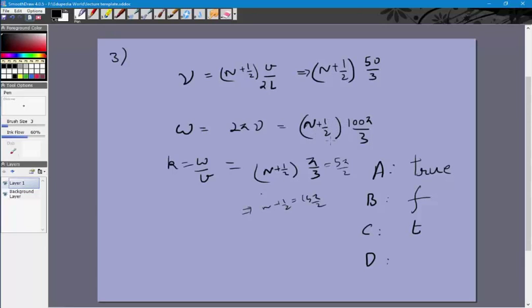So here you have 15 pi by 2 into 100 by 3, what do we get? 500 by 2 is 250, so 250 pi t. So D is again true, which means the correct answer is A, C and D.